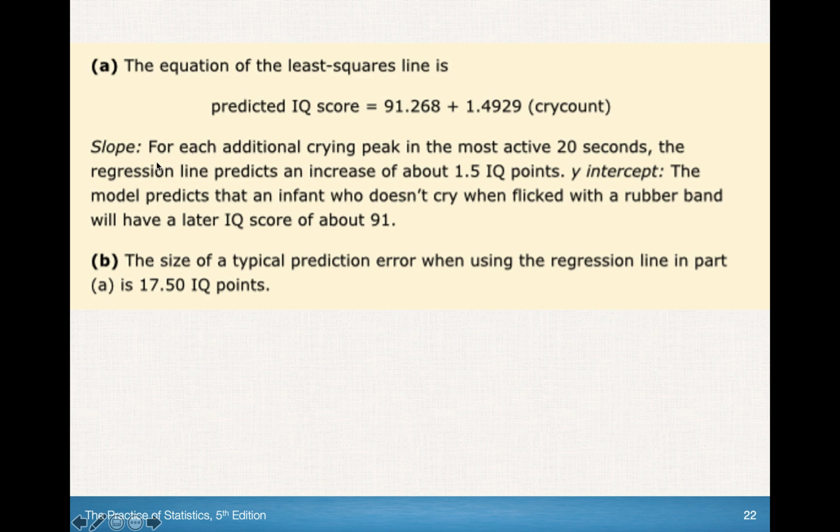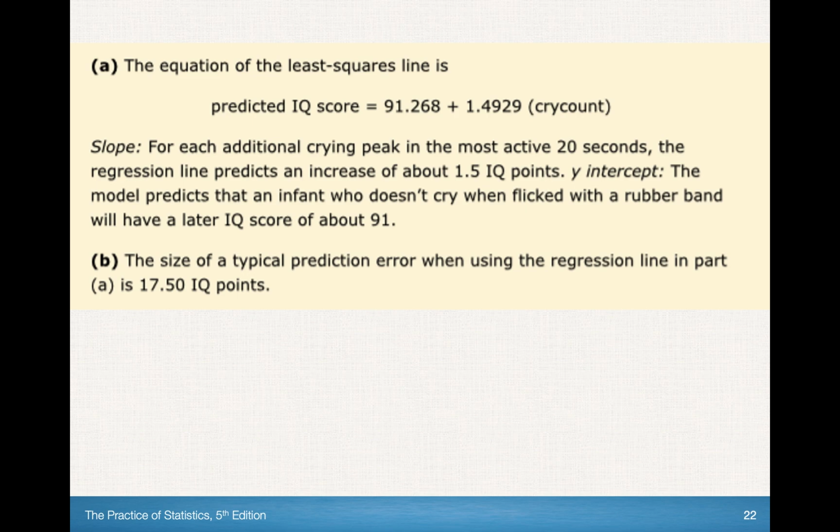The slope in context says for each additional crying peak in the most active 20 seconds, the regression line predicts an increase of 1.5 IQ points. They use 1.5, it's really 1.4929, but this is the slope, and every increase of 1 in x increases y by that many.